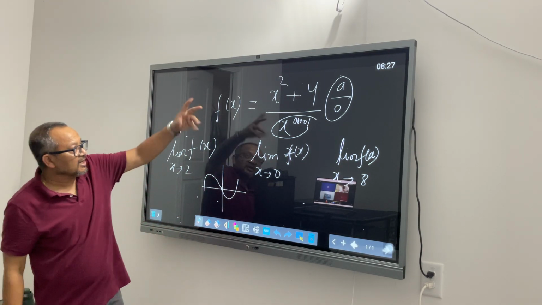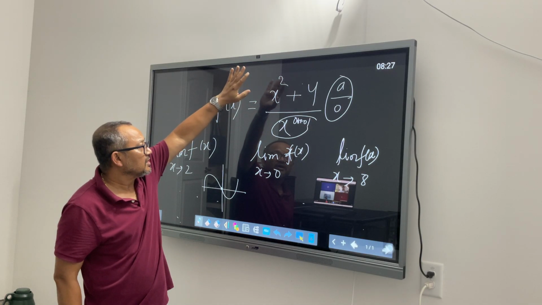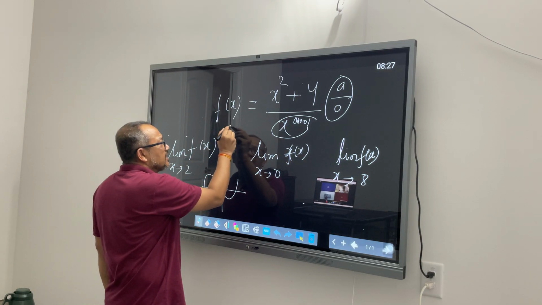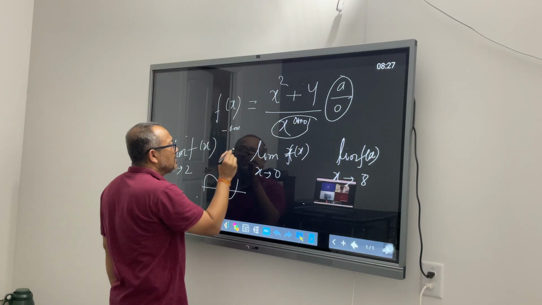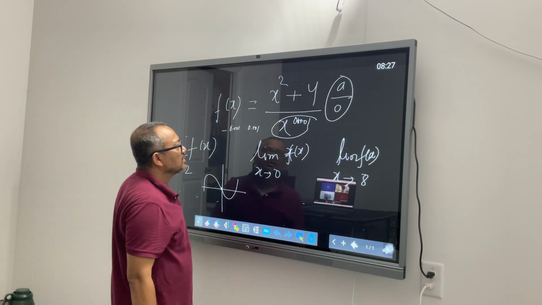But let me think a little bit about the numbers. Let's say I'm looking at a negative number, 0.001 negative versus 0.001 positive.